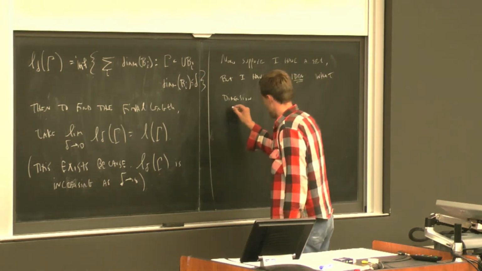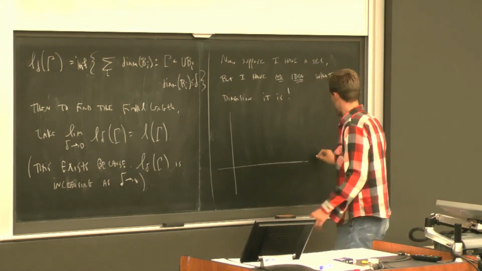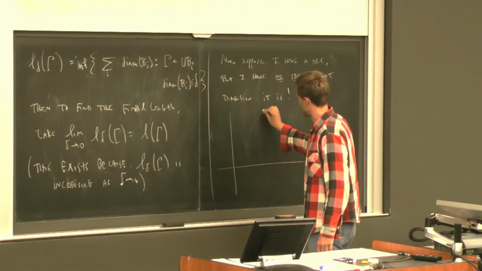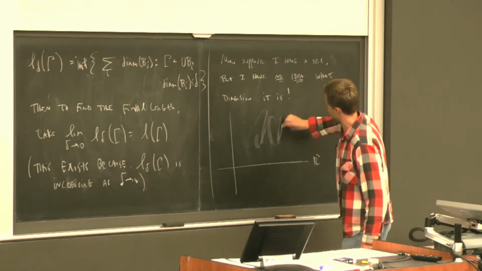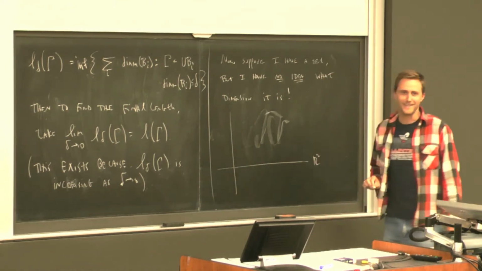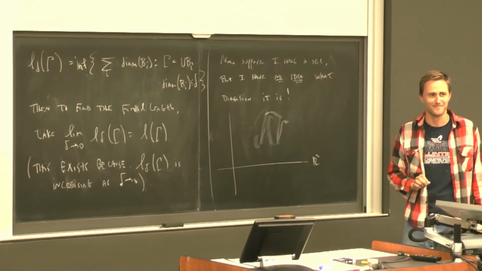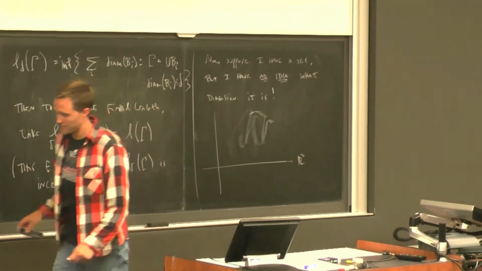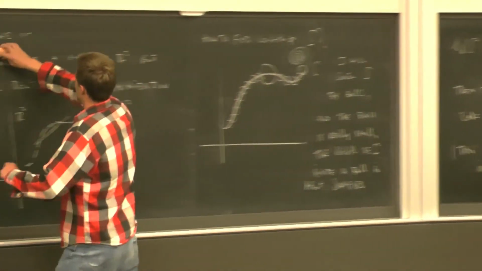So maybe I'll keep this in R2. So I have this. Maybe I'll draw it like that. So you can't tell whether it's a curve. You can't tell whether it's a big plane.